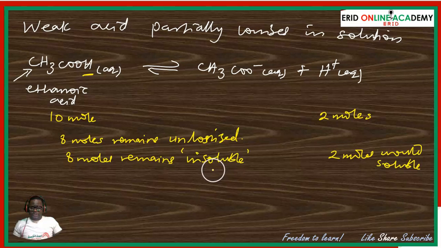So all the hydrogen ion will not dissociate, will not be ionized. If they are not ionized, then they will not contribute to the hydrogen ion concentration that we should get for this particular acid. So that's why they are what? A weak acid. It simply means that they do not give all they have.